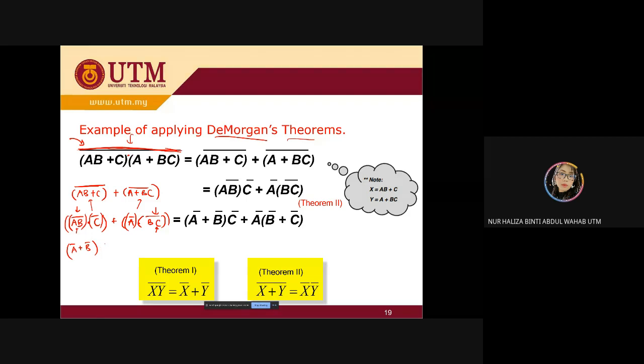Then you factorize and you have C here, because you already have the dot. Then you plus with A, B plus C bar. And you can solve this. And you can also stop at this part.